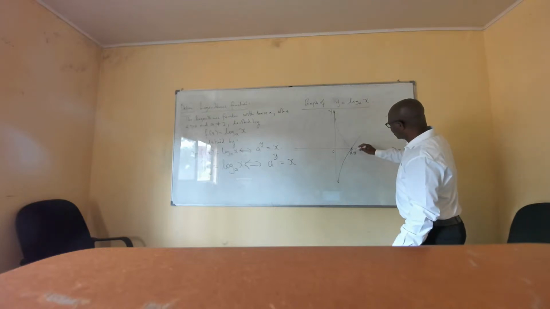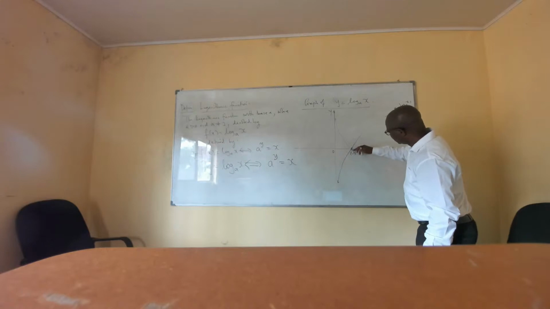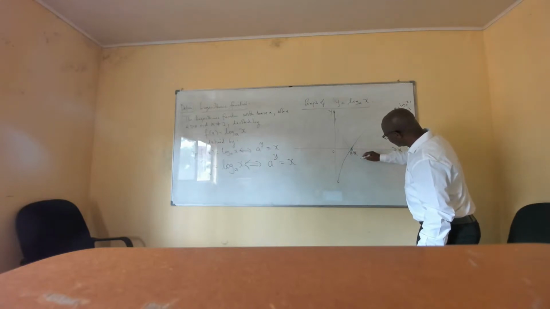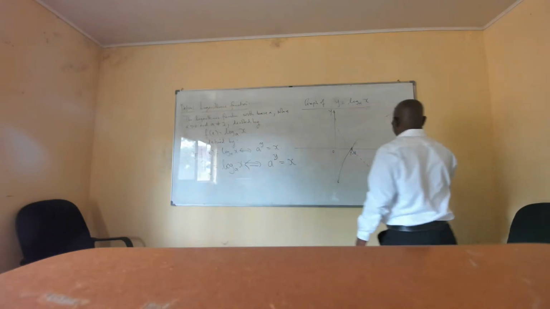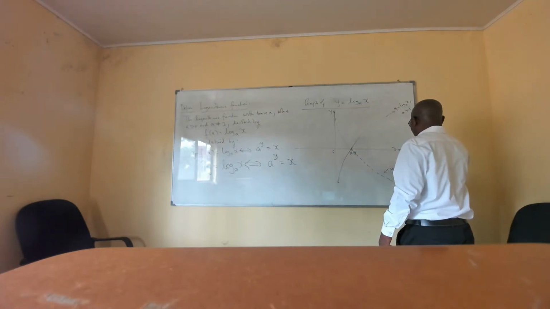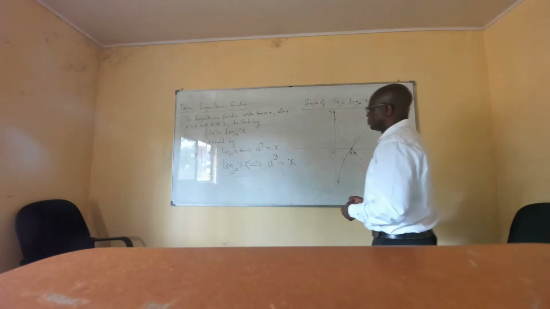That becomes the vertical asymptote, and here it goes like this. We can use broken lines here. So it goes like this. This is the case when log to base A of x, when A is bigger than 0 and less than 1.